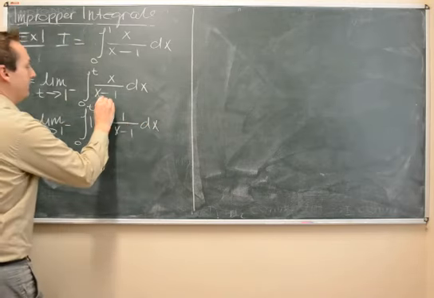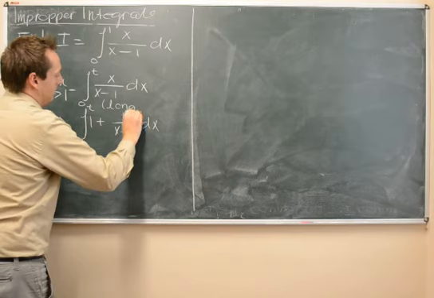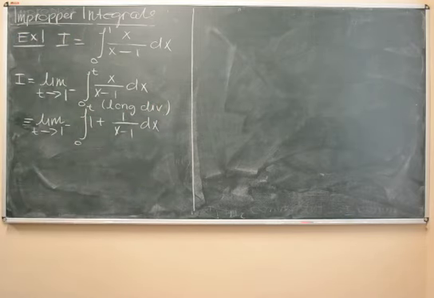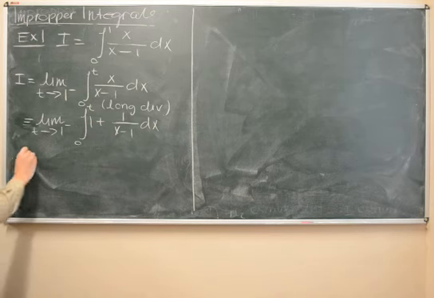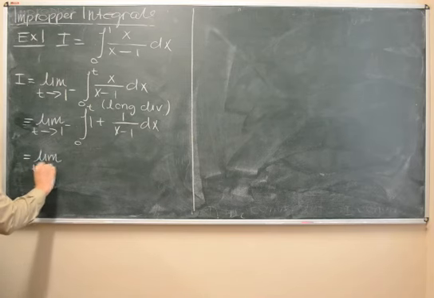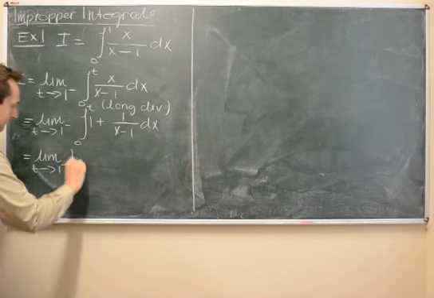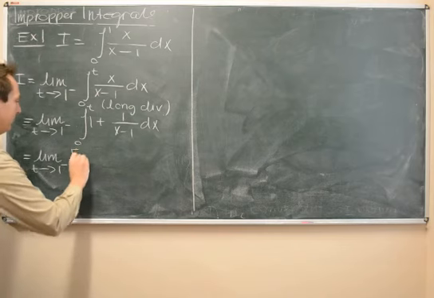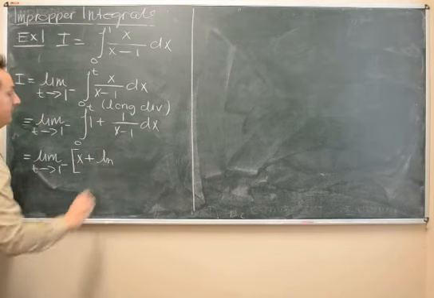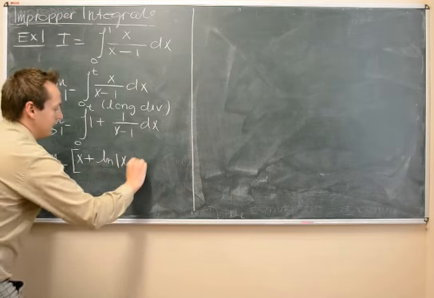We're doing long division here, although in this case it's not very long, it's quite short. So now let's evaluate the integral. Let's find the antiderivative. That'll be x plus ln of x minus 1.